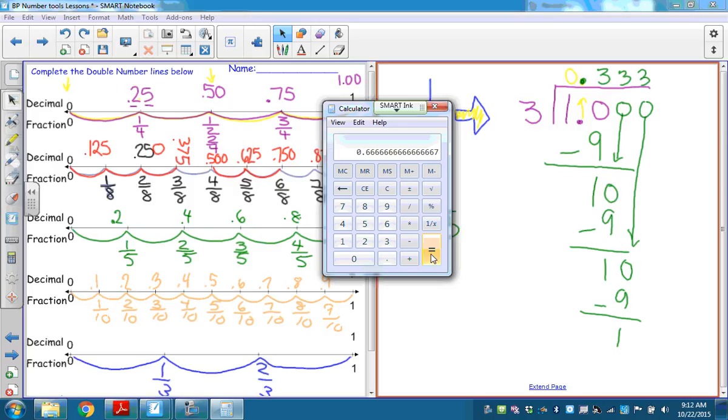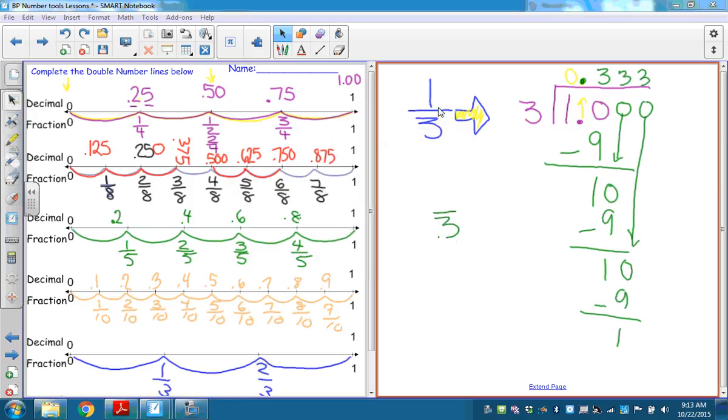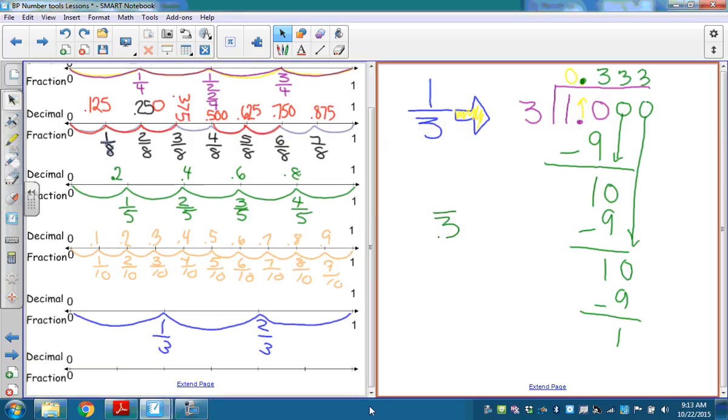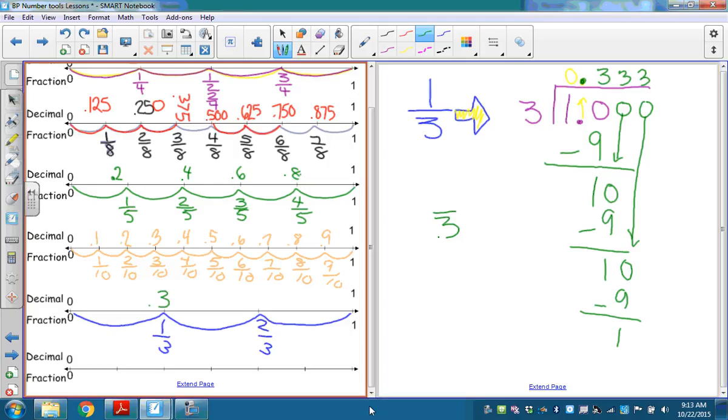Only humans understand forever. So it rounds at the end. So it means you're smarter than the calculator. Don't ever forget that. So this is 0.3 repeating, and this is 0.6 repeating. And we're not going to do the next one right now, okay? The 1/6 we're going to do later.